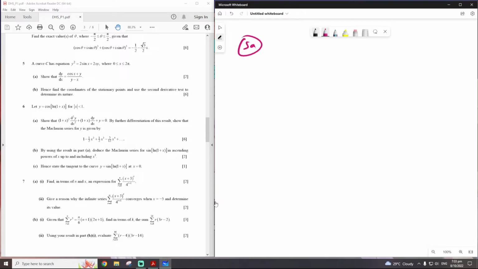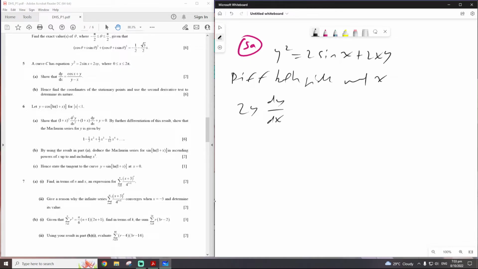5a. Okay. We have the curve y squared equals 2 sine x. Sorry, not 2x, just x. Plus 2xy. To find dy dx, of course, we want to do implicit differentiation. So differentiate both sides with respect to x. We're going to get 2y dy dx equals 2 cosine x plus 2x dy dx plus 2y.